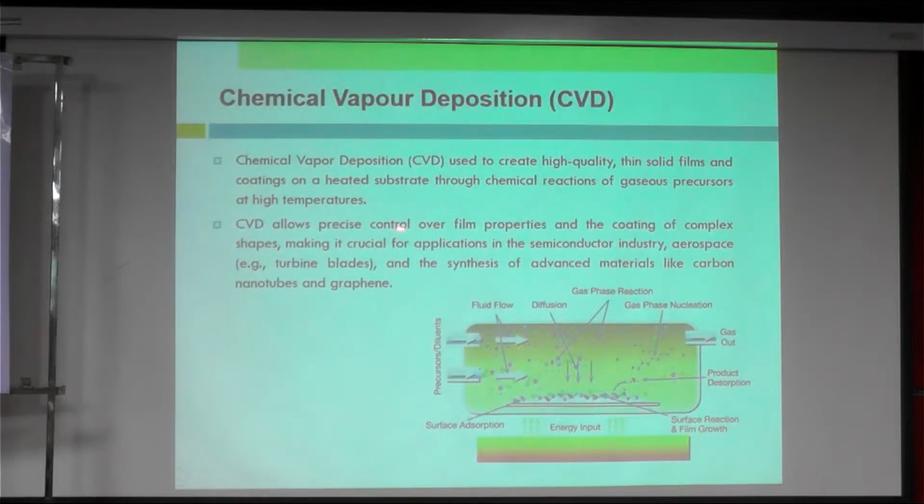So CVD allows precise control over thin film properties and the coating of complex shapes, making it crucial for applications in the semiconductor industry, aerospace, for example turbine blades, and the synthesis of advanced materials like carbon nanotubes and graphene. So it's more towards the different types of material deposition.